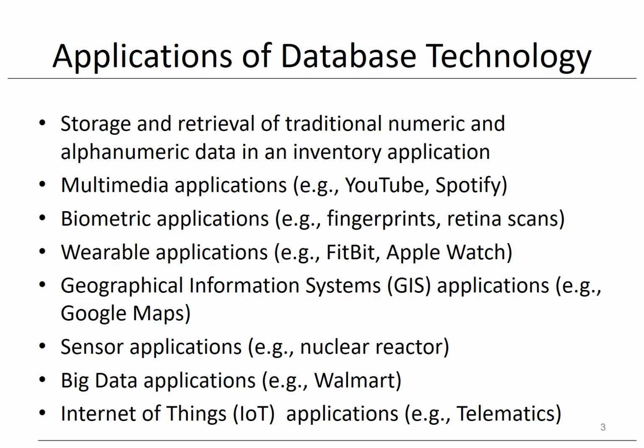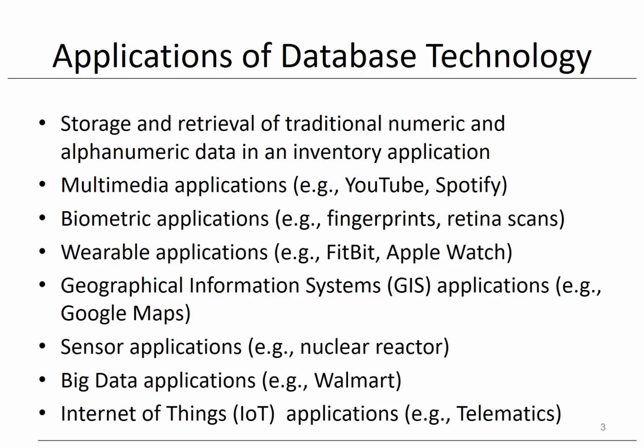Database technology is not just for traditional numeric and alphanumeric data. It can also store multimedia data, such as pictures, audio, or video. As an example, YouTube or Spotify support the querying of music based upon artist, album, genre, playlist, or record label.